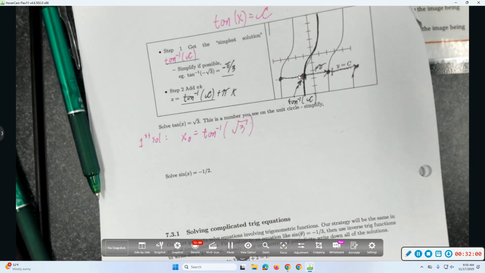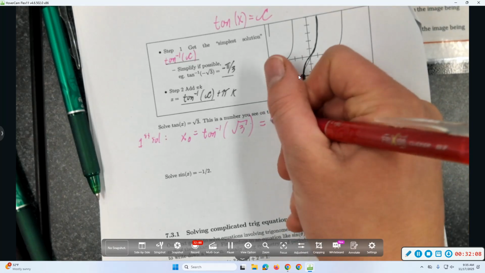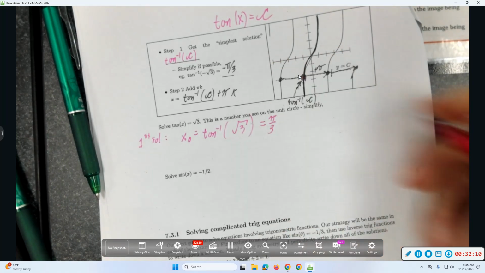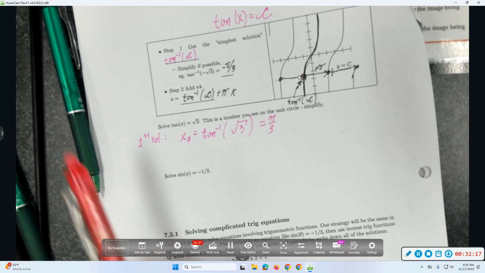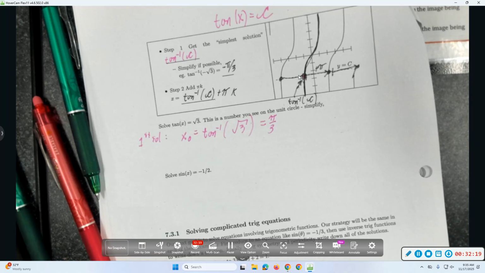Cool. Simplify if possible. Is that something you see on your unit circle? What angle is that? Pi over 3. Yeah, cool. There might be some instances when I ask you to do this while working in degrees.